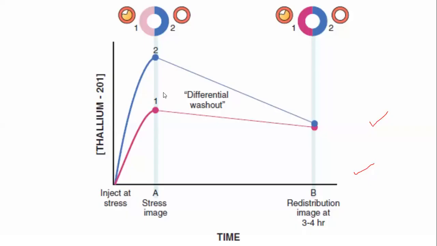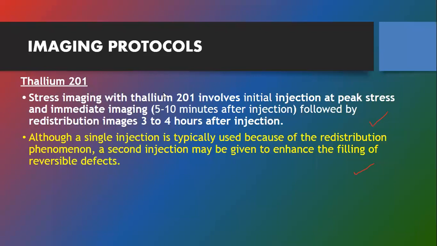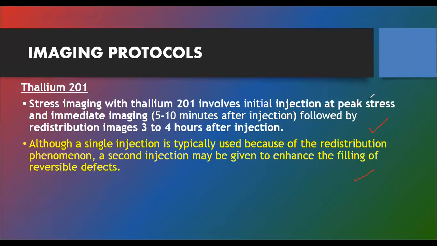Okay, then for the thallium, which is not used now and is of historical importance, only a few points about it. The initial injection is at peak stress. We are going to discuss further how the test is being done, but before going into that detail, we usually do it in two stages: stress and rest. Stress, in which we ask the patient to exercise, or increase the heart rate using pharmacological agents, or dilate the coronaries.